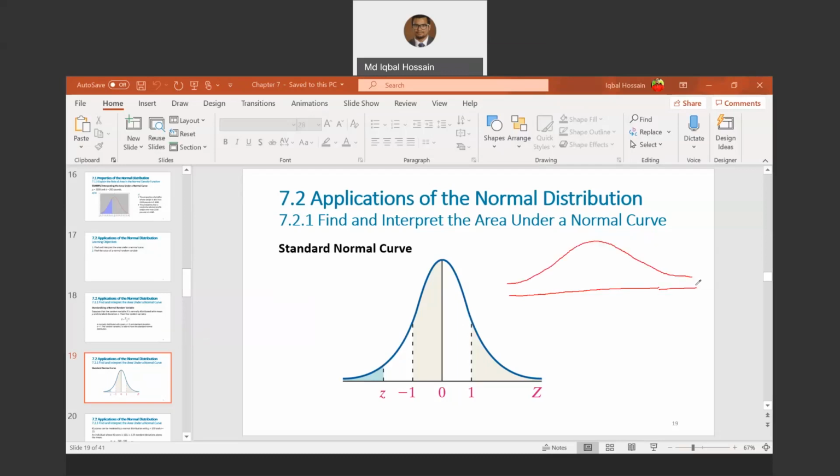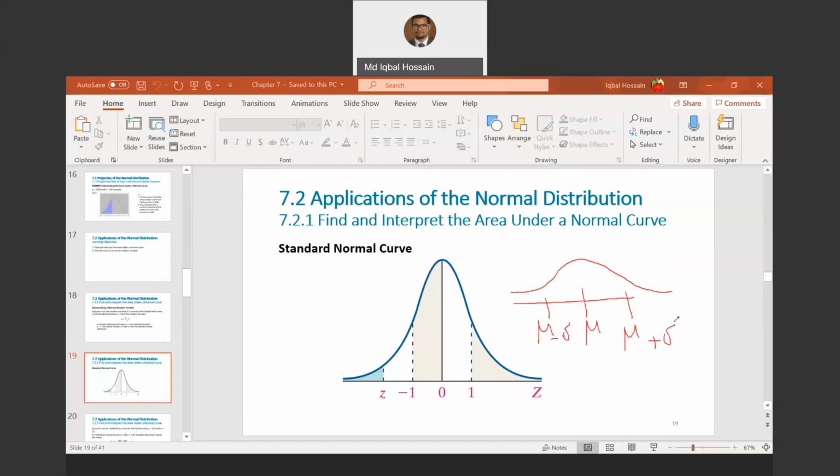In the normal curve we have the mean mu, and we have mu negative sigma, mu, and mu positive sigma.